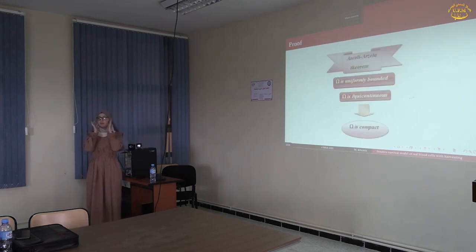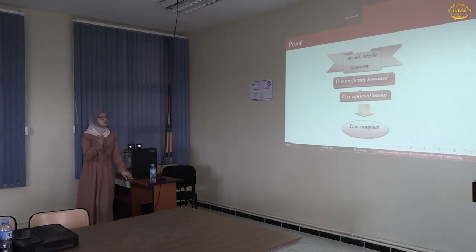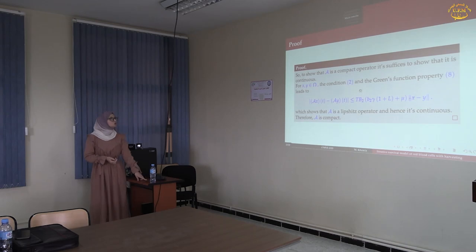So obviously, the departure set omega is uniformly bounded and equicontinuous. Hence, as a consequence of the Ascoli-Arzelà theorem, omega is relatively compact, and since it's closed, omega is a compact set. So, to show that A is a compact operator, it suffices to show that it is continuous.